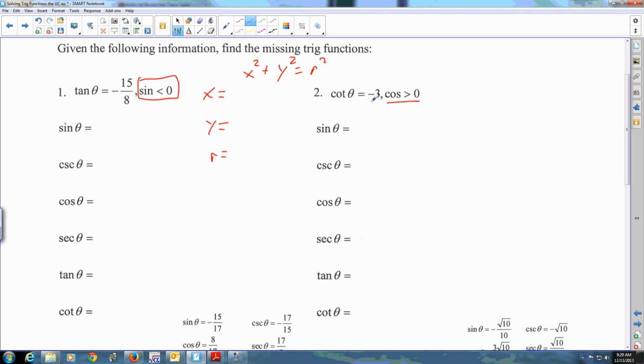Okay, I know I left this for you guys. Cotangent is your x over your y. It's negative 3. If it helps you, put it negative 3 over 1. X is positive, is what that says. So this negative really is showing up on the bottom. Okay, so hopefully that'll help you out through doing this. But if you explicitly find these pieces of information first, then worry about these, it'll go much smoother.